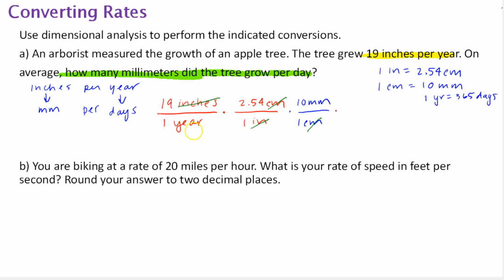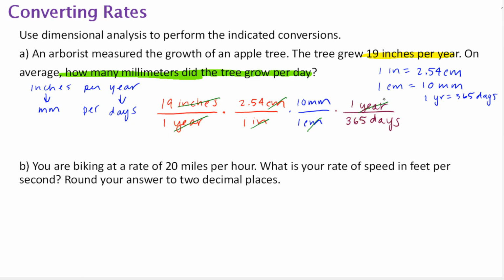So notice year is down here in the denominator because it's per year. So we want the units of time in the denominator. So we want our new units to be days. So that's going to go on the bottom. And we'll put 1 year on top. And that way this bottom year and this top year, or denominator, numerator, will cancel each other out.